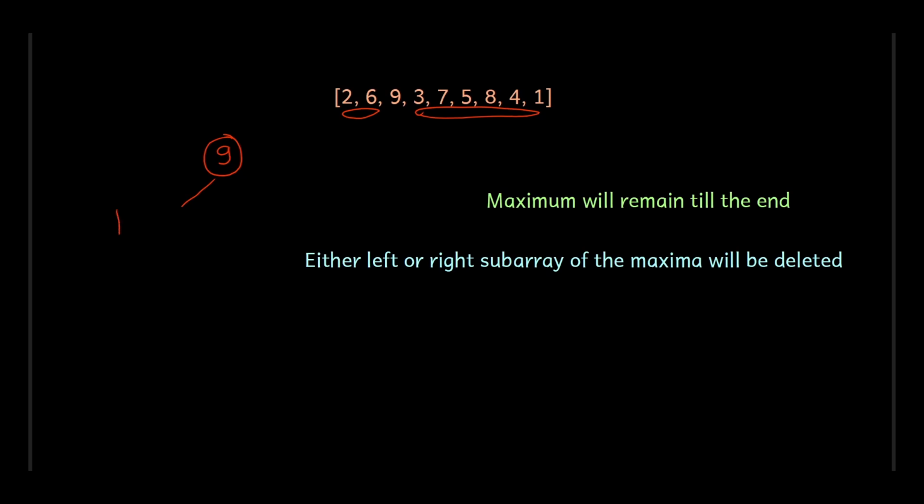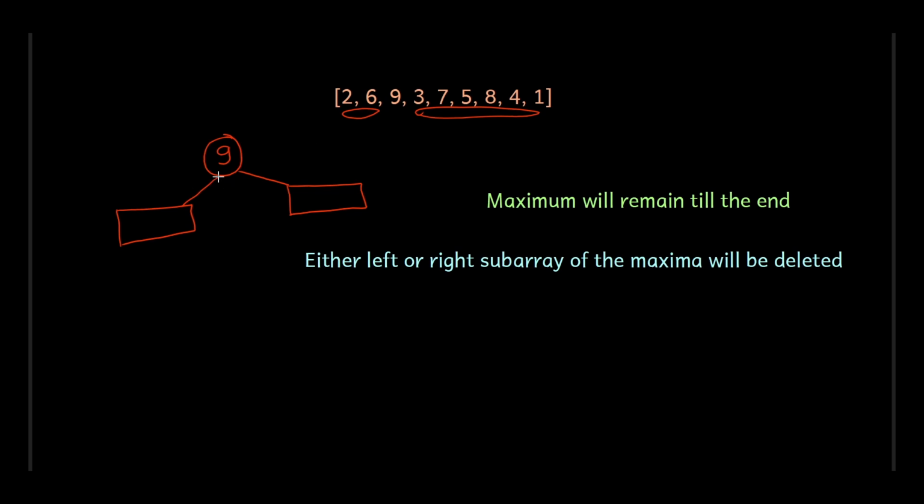And we'll talk about how to actually represent this subtree, but for now just assume that this is a node in some tree, and then there is a tree on the right hand side for the right subarray. And you know that only one of these subtrees will remain till the end. The entire other one will have to be deleted.